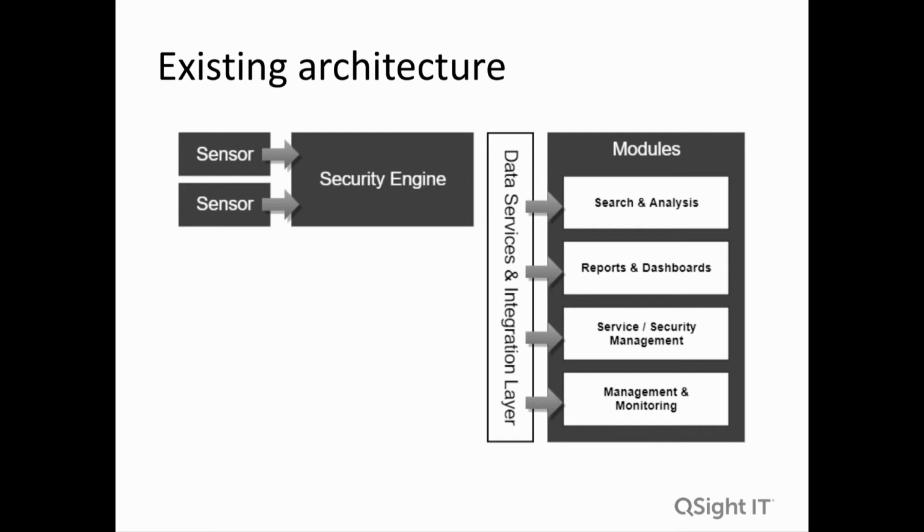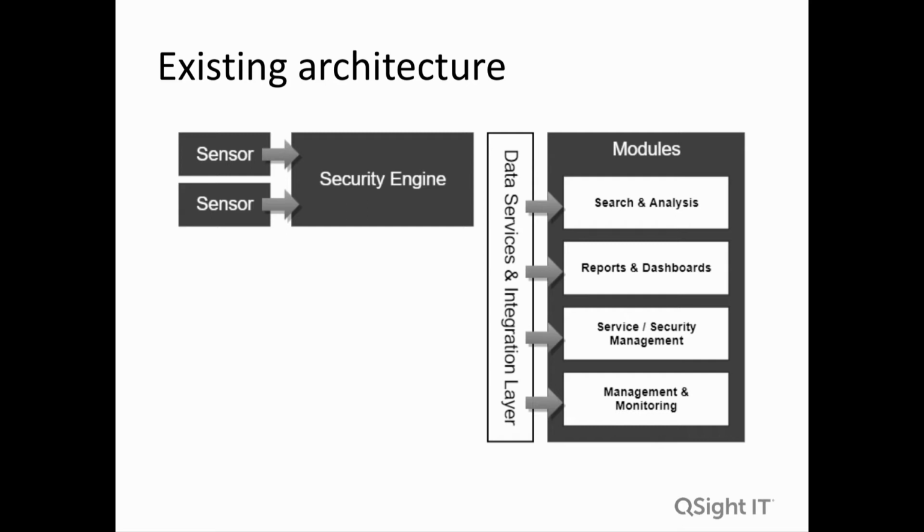So maybe I should explain this a little bit, going from left to right. On the left-hand side, we have a sensor, which is a nifty little device that collects all kinds of data from all kinds of network devices, gathers that, stores that, and passes it through to this security engine.